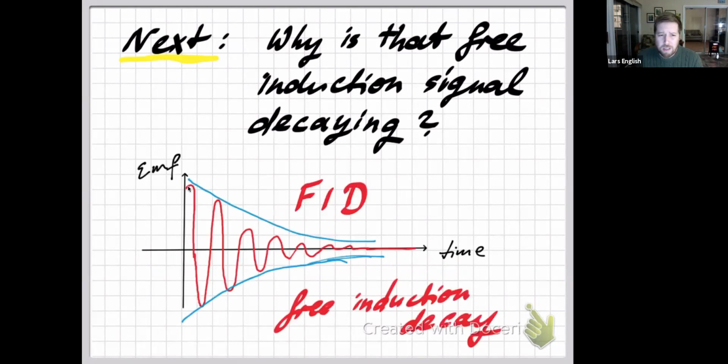Okay, so we have this oscillation here. This oscillation happens at the Larmor frequency. Okay, that's fine, but it just doesn't persist. It decays away exponentially. And we call the signal, therefore, free induction decay, FID. But why is it decaying?